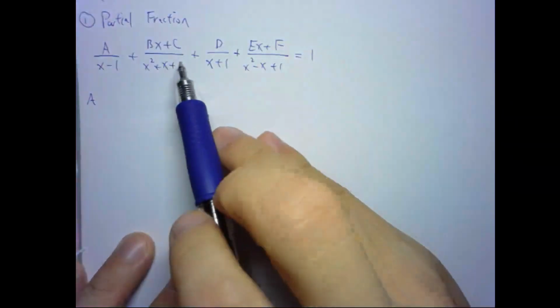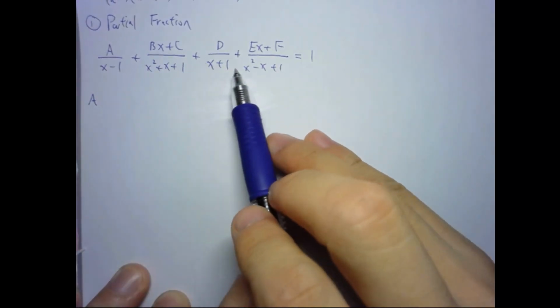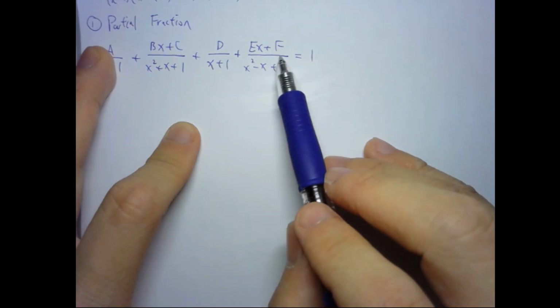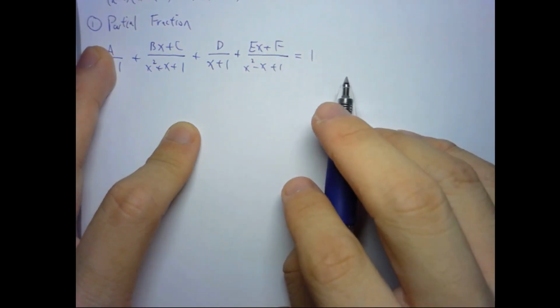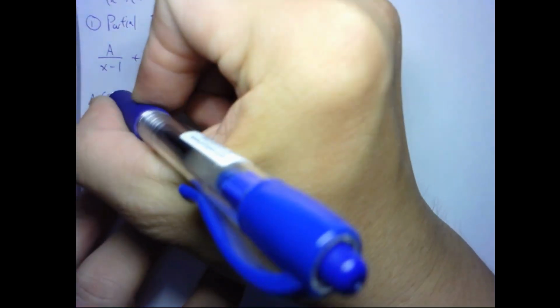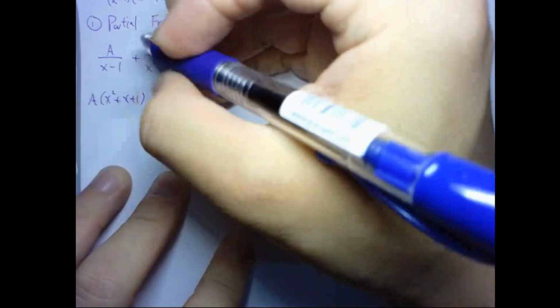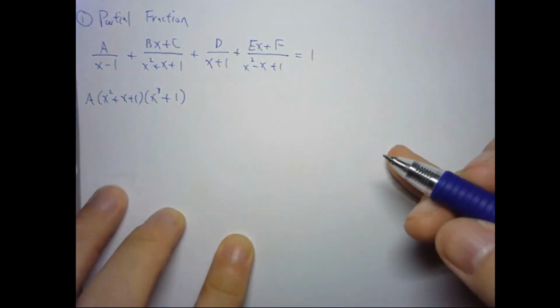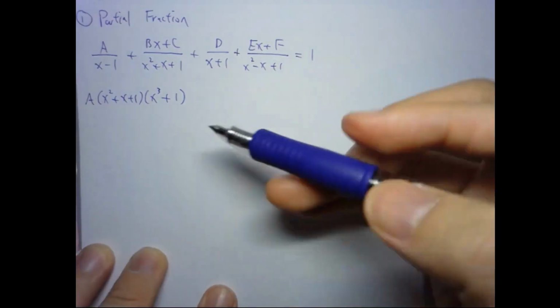The first term is a multiply these 3 terms, and notice that the last 2 terms, x plus 1 and x squared minus x plus 1, they are in fact the x cubed plus 1. So I will simplify the expression like this. And this is x cubed plus 1. So this is the first term.